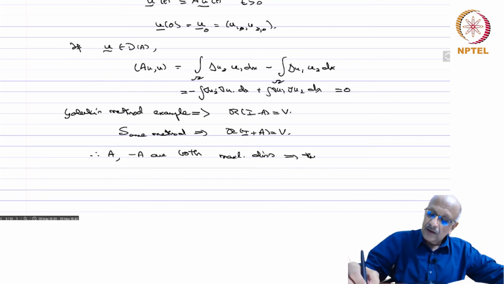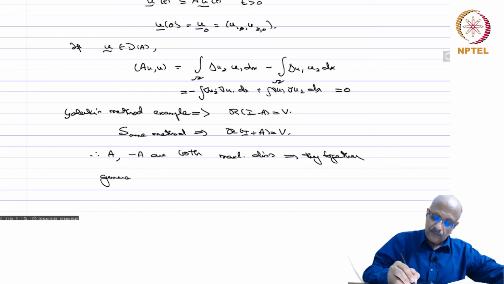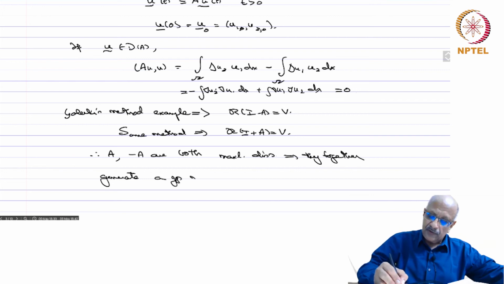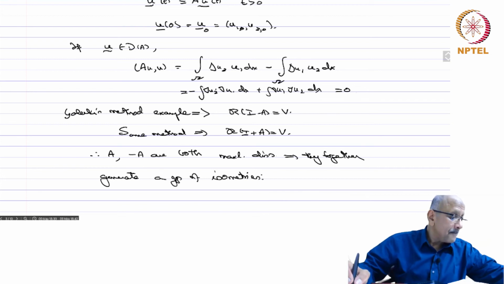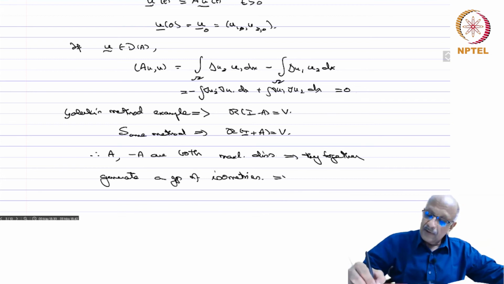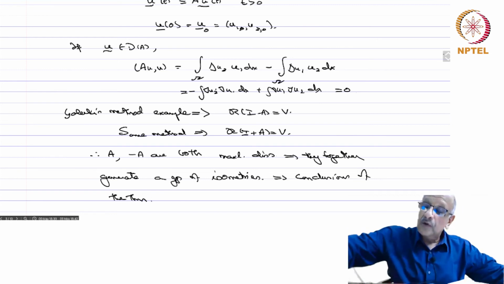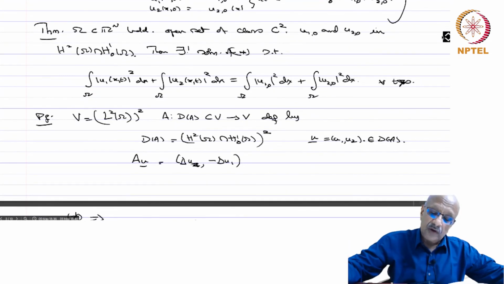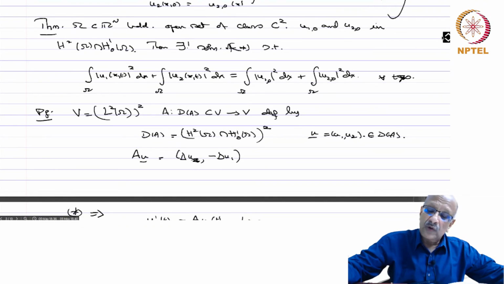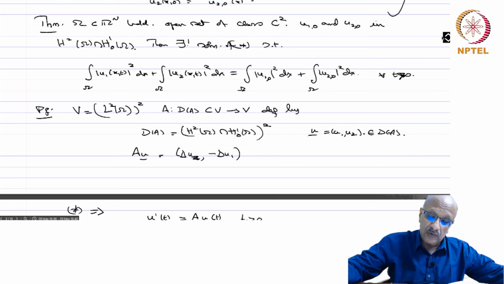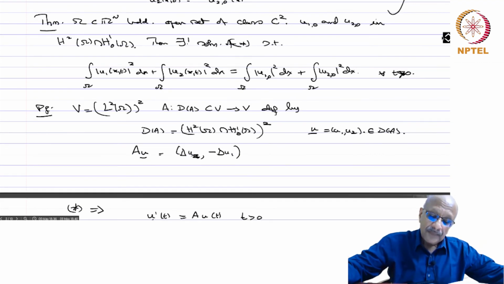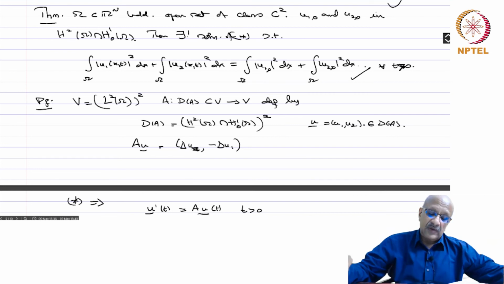which implies they together generate a group of isometries, and this implies the conclusions of the theorem. If u0 is in the domain, which it is, as we are given, so u10 and u20 are both in H² intersection H¹₀, then you have the condition which says that it is an isometry.